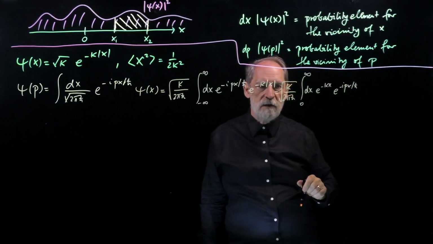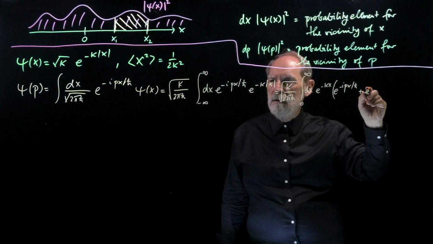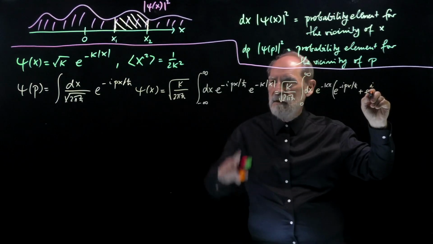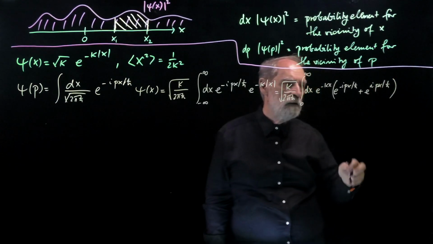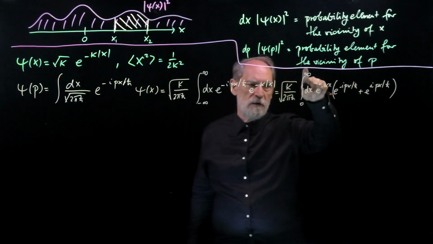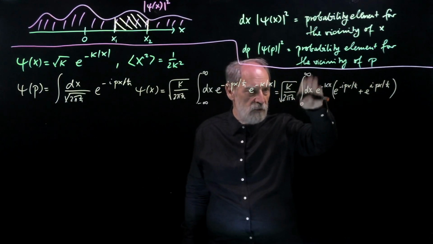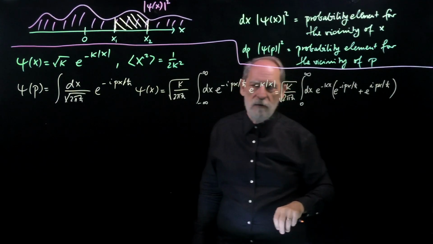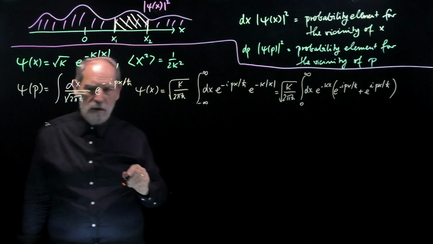For the negative x values, that will give us a contribution where the sign of x is changed, so we have e to the plus i px divided by h bar. So this is the term that comes from the positive x values, this is the term that comes from the negative x values, only that the integration variable is now positive throughout.